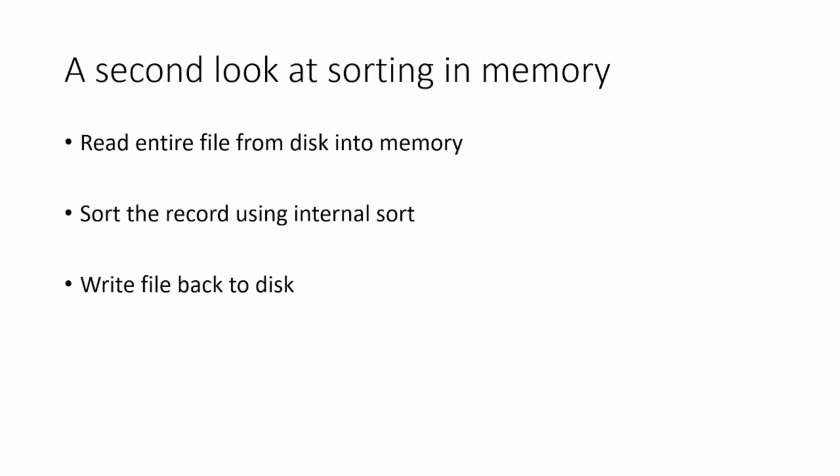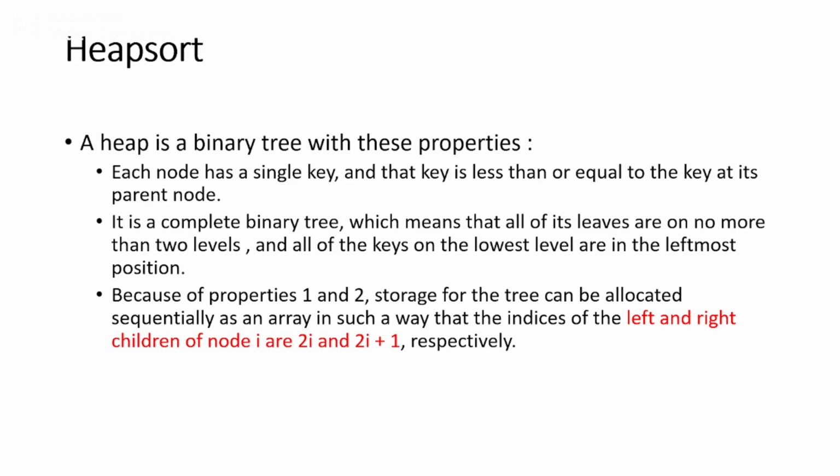So let us go for heap sort now. What exactly is it? It is the overlapping process of input and output. Most of the time when we use an internal sort, we have to wait until we have the whole file in memory before we sort.